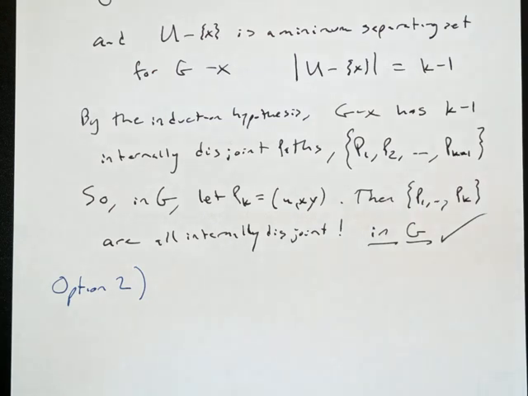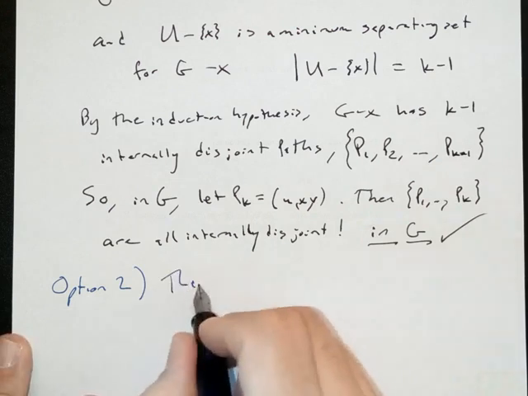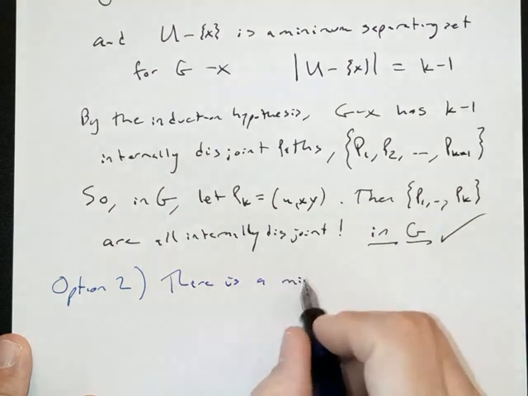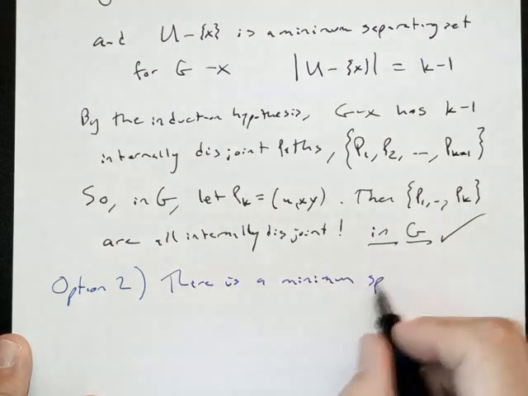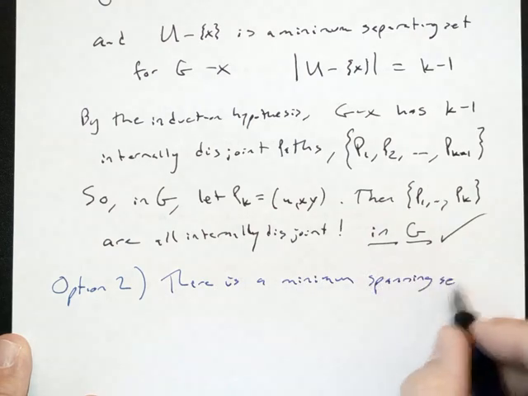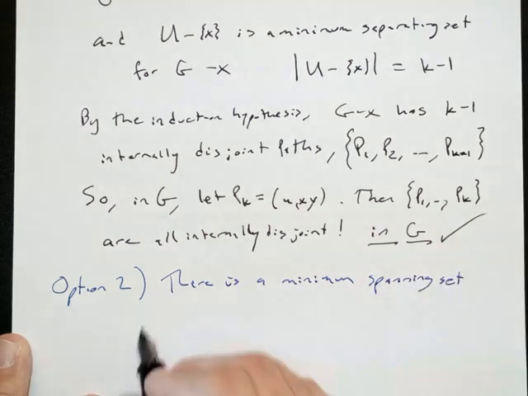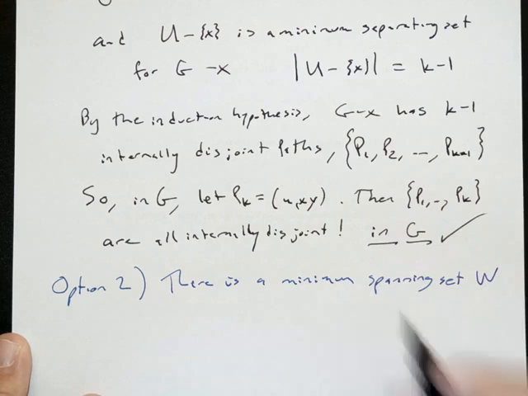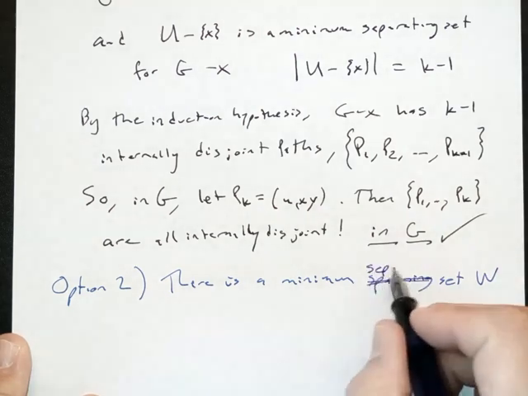Let me think about this. Maybe in my separating set, there's some vertex that is adjacent to U, but not adjacent to V. And there's some other vertex that's adjacent to V, but not adjacent to U. Not minimum spanning, minimum separating.